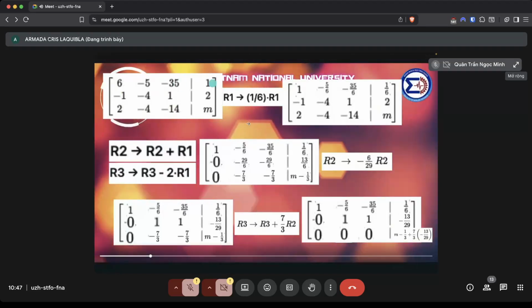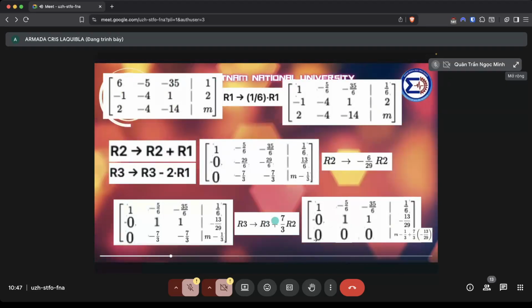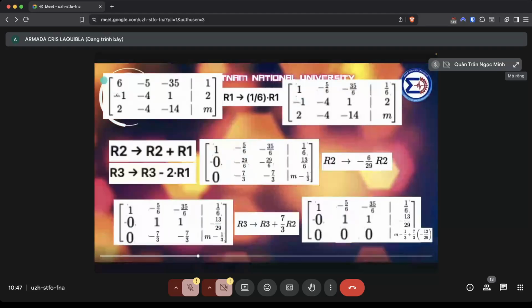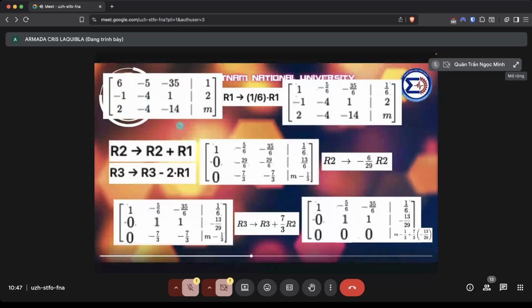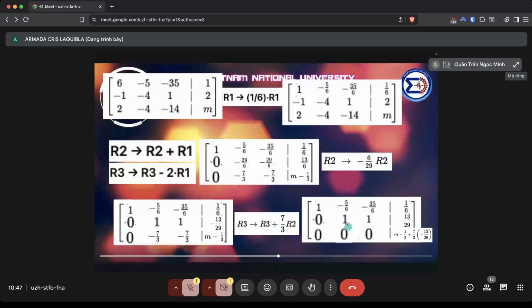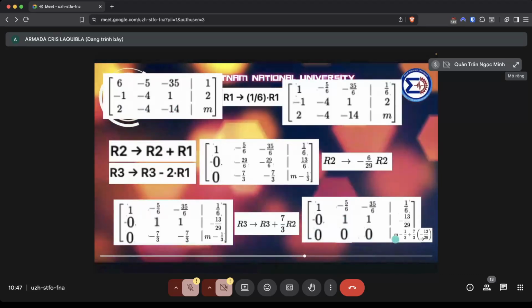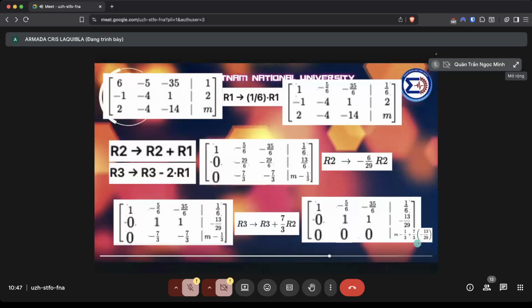So we have this. We solve the following. We make here 0. The number here is 0, 0. Then this is 1, 0. This is 0 also. So we have now 1, 0, 0, 1, 0, 1, 0. And this is your M here, the last number.